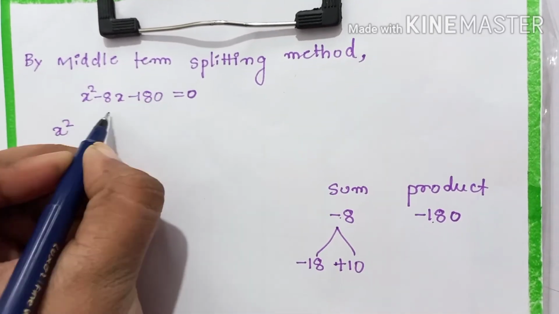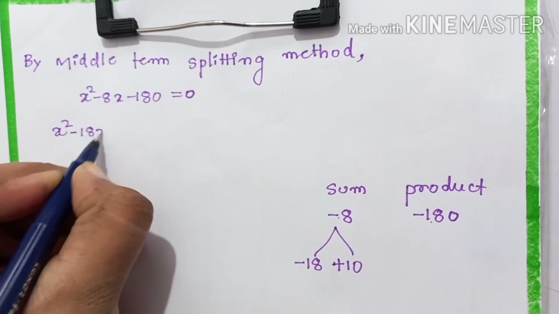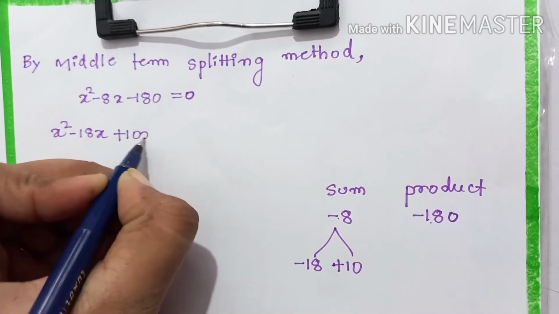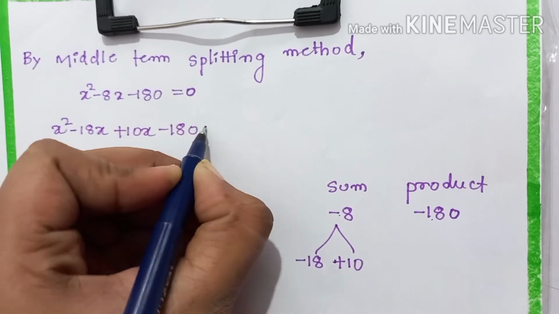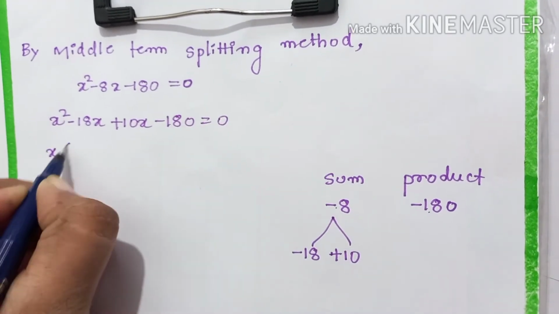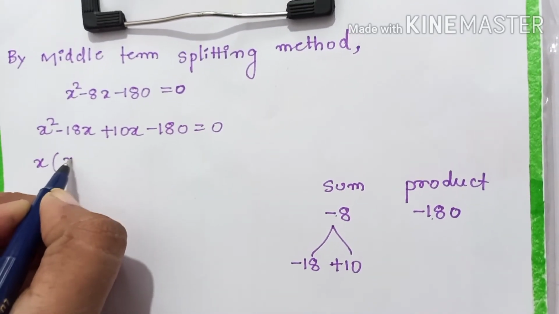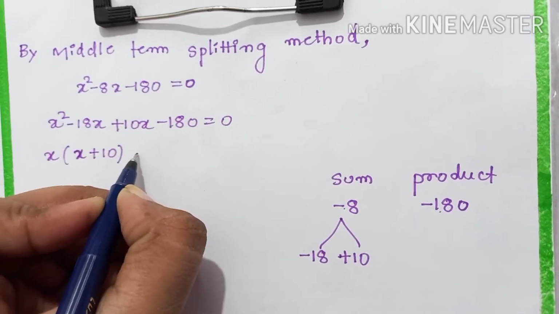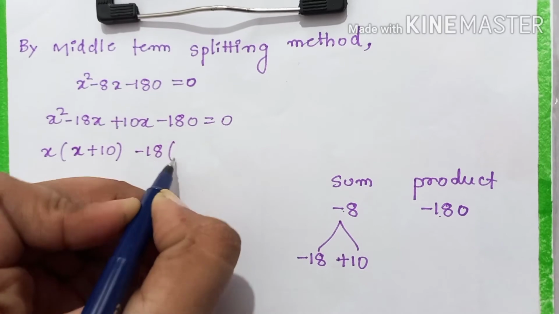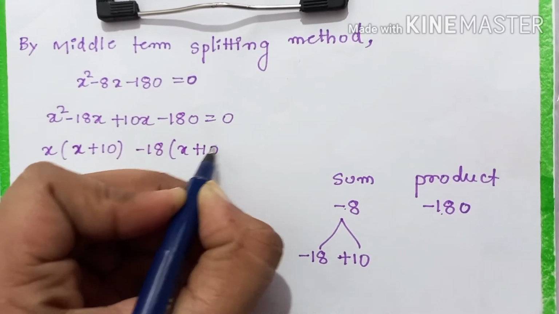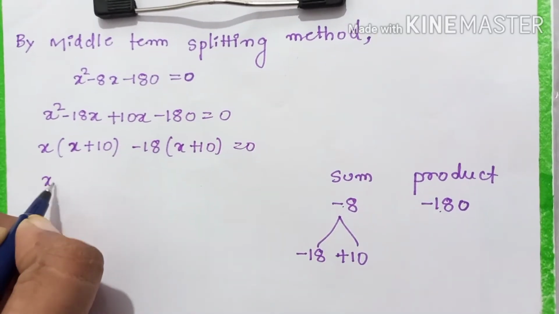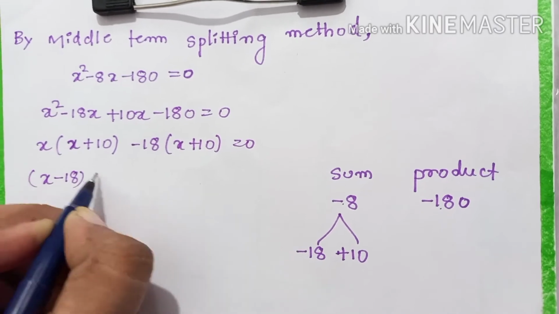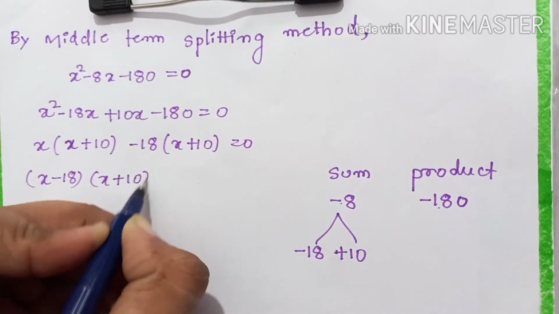So splitting this middle term into two terms, x square minus 18x plus 10x minus 180 equals 0. x common, x plus 10, and here minus 18 common, x plus 10 equals 0. Now we have got x minus 18 and x plus 10 equals 0.